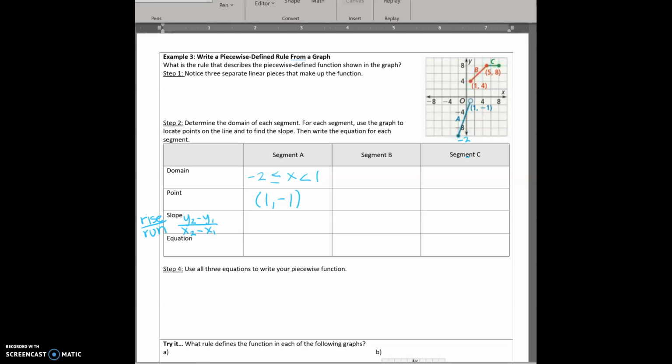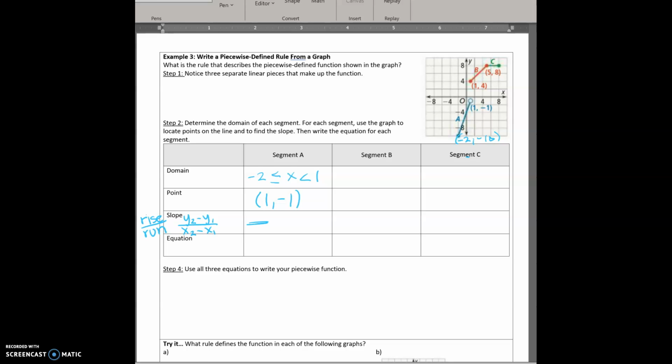So -2, -10. I can see how much it rises and then runs, or you can plug into that equation. I'm going to look at that it goes from -2 to 1 on the x value.